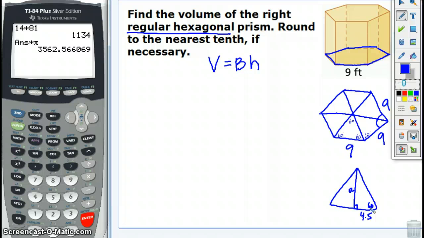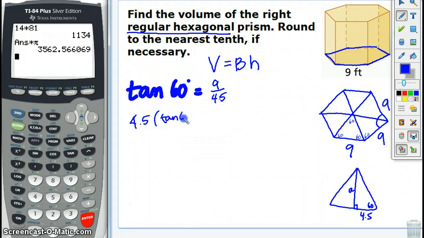So let's go find A. So it's going to be opposite and adjacent. So that's the trigonometric function tangent. Tangent of 60 degrees equals, opposite all over adjacent, 4.5. Therefore, 4.5 times tangent of 60 equals my apothem.